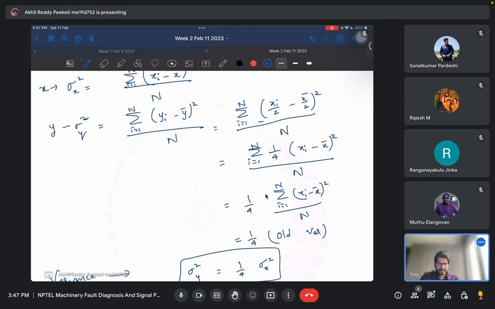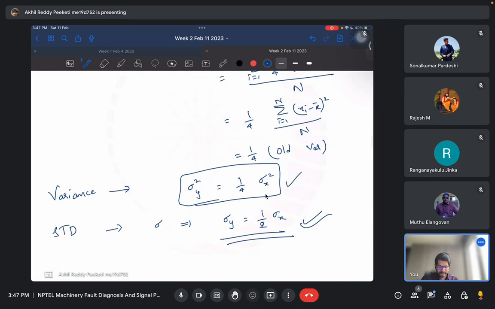So for the variance and standard deviation, if you change the amplitude, then you don't need to worry about whether a constant exists or not. You can directly see that based on how much you change the amplitude, that many square times the variance gets changed. So if you double the amplitude, the variance gets 4 times more.